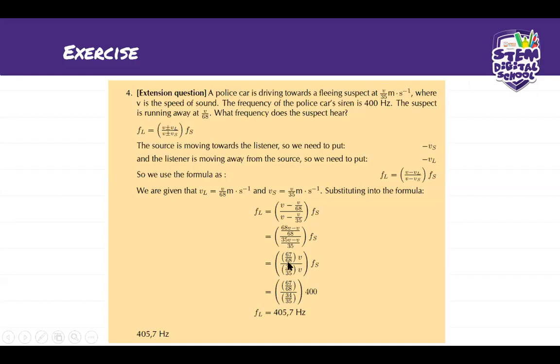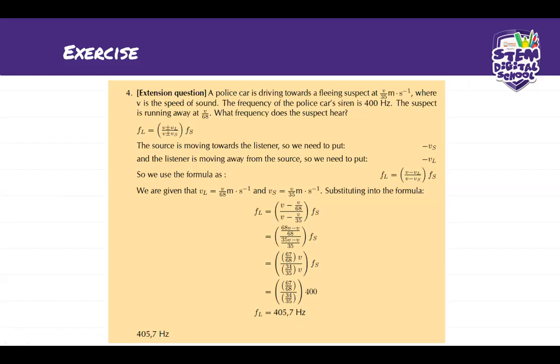Okay, factoring it out, you're going to have this big bracket. I hope you're all using your scientific calculators so you can calculate these brackets, okay? And you times that by 400, and this is what it will give you, 405.7 hertz, okay? So that is our answer. So that is the frequency that the listener will observe.